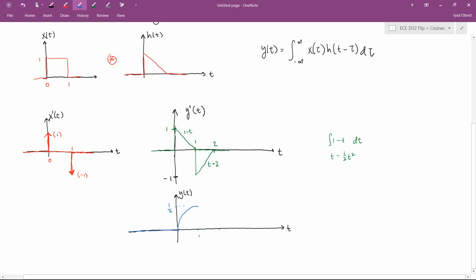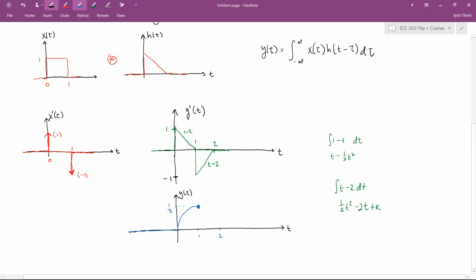Then from 1 to 2, I'm going to have the integral of t minus 2, which will give me 1/2 t squared minus 2t plus a constant. I can work out that constant because I know that the function has to start at the same point.